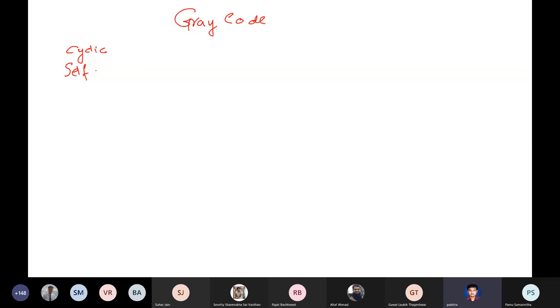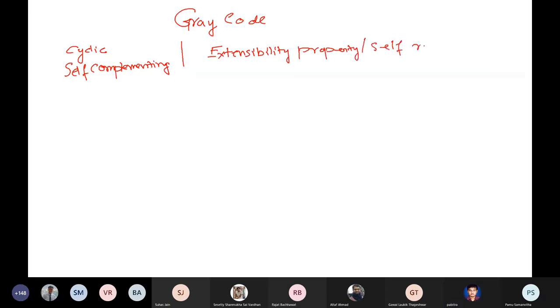One property is called extensibility property, and the other is the self-reflecting property. Okay, so first let me explain the self-reflecting property.